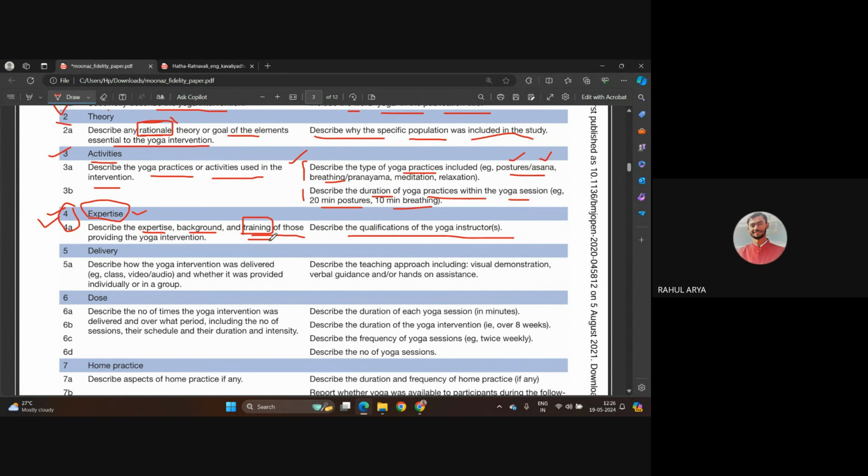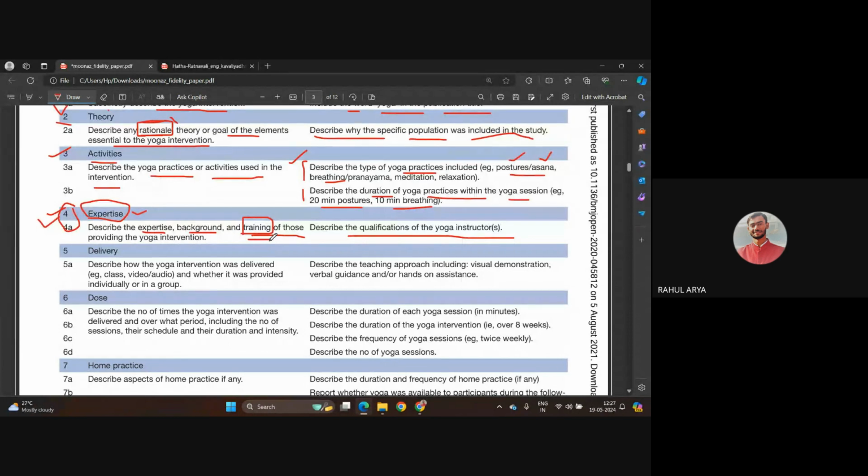The training period is also part of the intervention, but we have to mention it, because in this phase of 1 week all the students understand all the techniques properly. After a week, they follow all the exercises properly, because it is common that you will select a population with a non-yoga background.